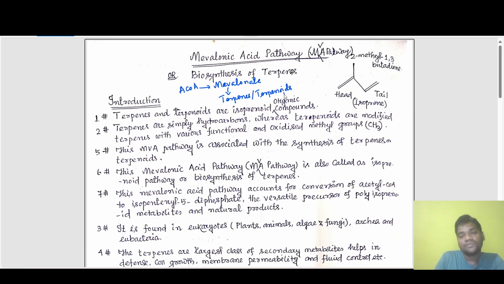After formation of these terpenoids, it will produce the steroids, or you can say waxes or fats. So this is what is happening in the mevalonic acid pathway. So let us discuss it in detail.